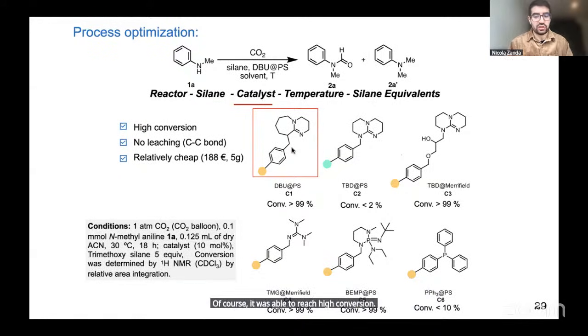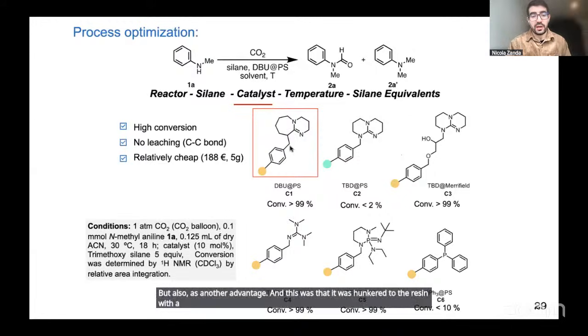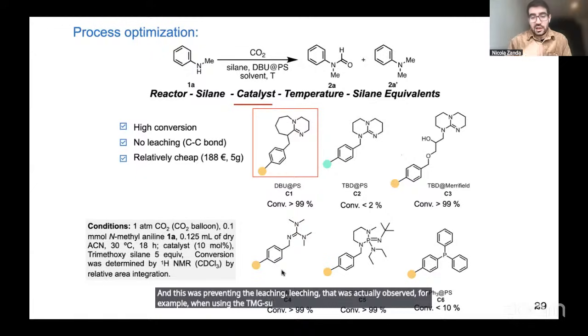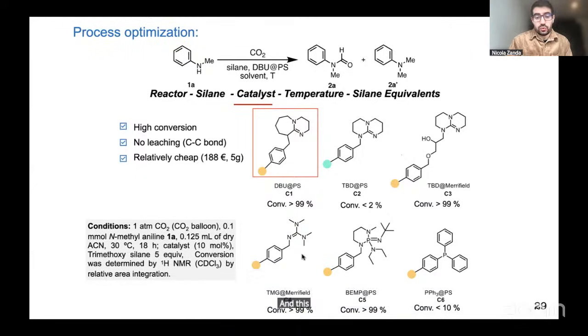It was relatively cheap when compared with the BEMP catalyst, but also another advantage was that it was anchored to the resin with a carbon-carbon bond, and this was preventing the leaching. Leaching was actually observed, for example, when using the TMG-supported catalyst, and this was very easy to observe by LCMS.